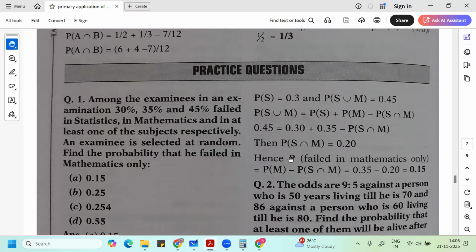Okay, now practice question. Question number 1. Among the examinees in the examination, 35%, 35%, 45% fail in statistics, maths, and at least one of the subjects respectively. Okay, let me write it down.